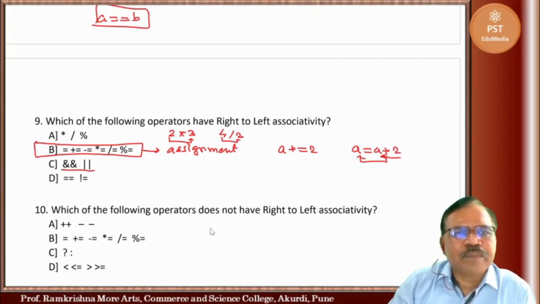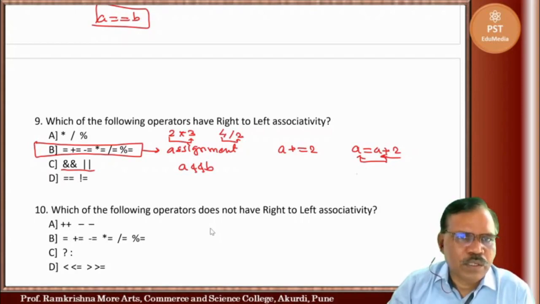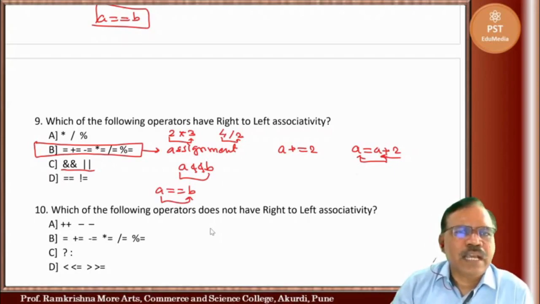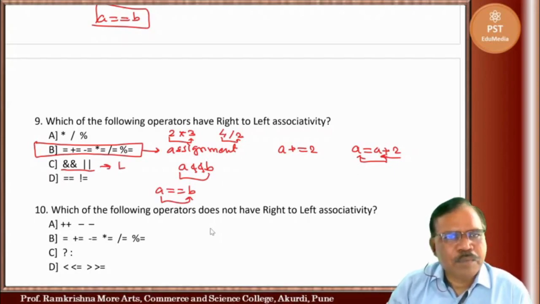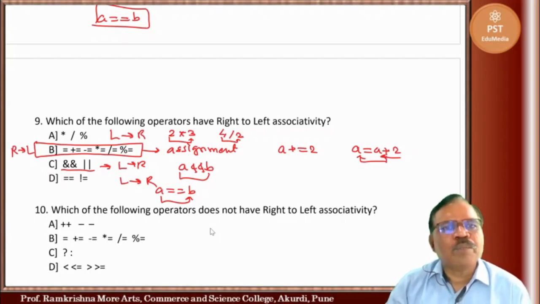Similarly here, A and B, so A is compared with B logically. Here A equal B, so A is compared with B. So this has left to right, this has left to right, this has left to right, while these have right to left. So B is correct.